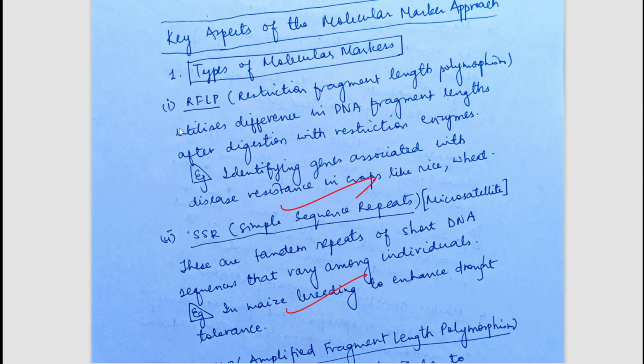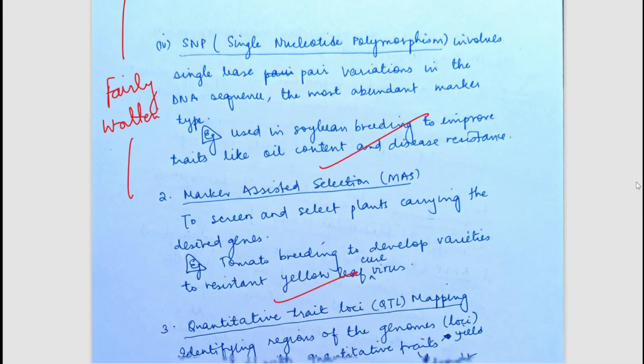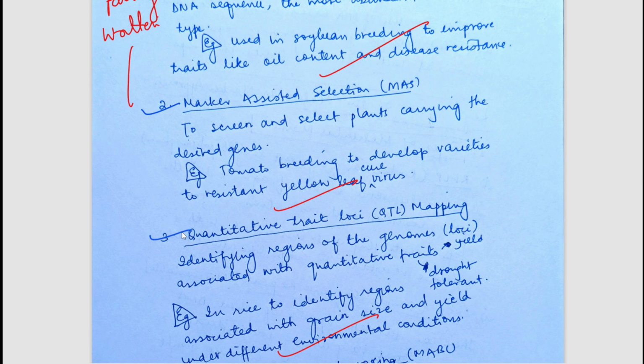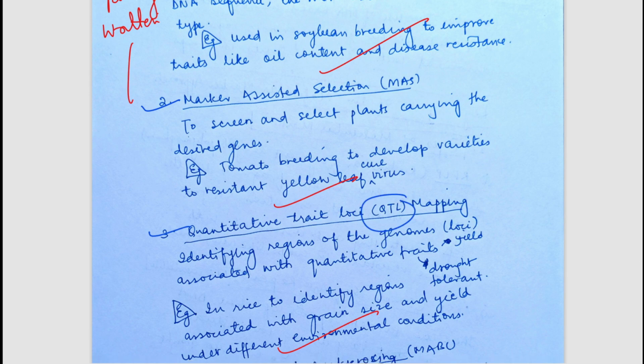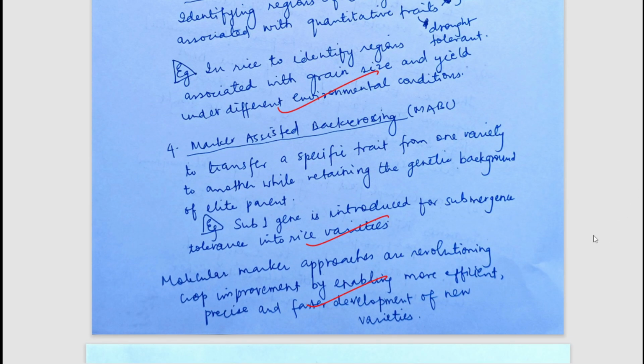The types have been mentioned: RFLP, SSR, AFLP, SNP. We all know those. Marker assisted selection has been mentioned, quantitative trait loci mapping, that is QTL mapping, has been mentioned, marker assisted backcrossing has been mentioned. So a very well written answer. Now let's move to the next question.